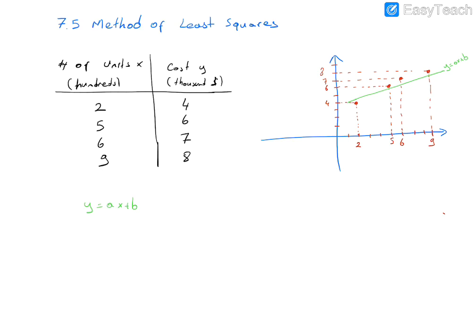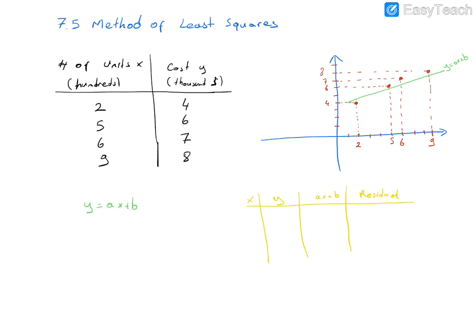Let's make another table: x, y, the value ax plus b, and we will define the new concept, residue. This is the difference between the exact value and the approximate value.